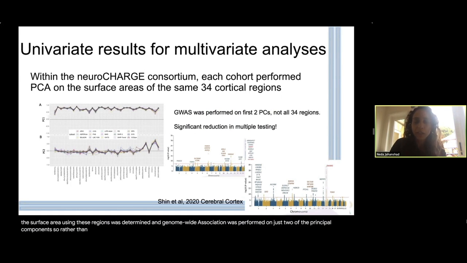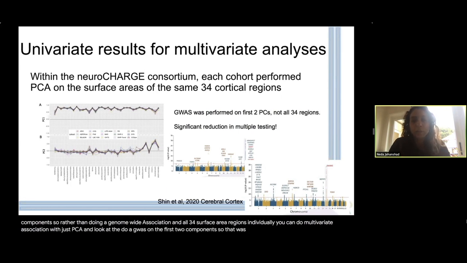So rather than doing a genome-wide association on all 34 surface area regions individually, you can do a multivariate association with just PCA and do a GWAS on the first 2 components.